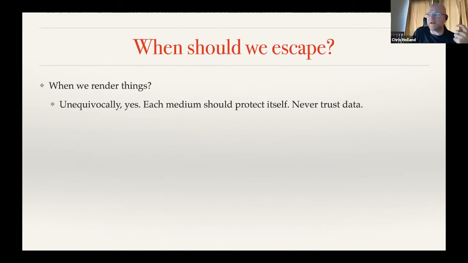It should never trust any data that comes to it, even data that it believes to have already been escaped. This is your last line of defense when you render, when you stream your data out, and you have to make sure that whichever medium you stream your data out by, whether it's JSON or HTML or CSV output, anything, each medium knows how to protect itself.